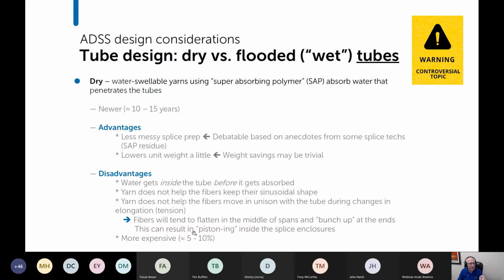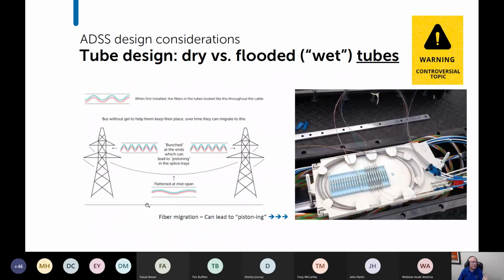And as a consequence of that, you get pistoning inside the splice enclosures. And it does cost a little bit more. So let's talk about that bunching up thing. What happens is the tube elongates, the fibers flatten out. But then when the tube contracts later, when that wind or ice loading is no longer present, the fiber doesn't move back.